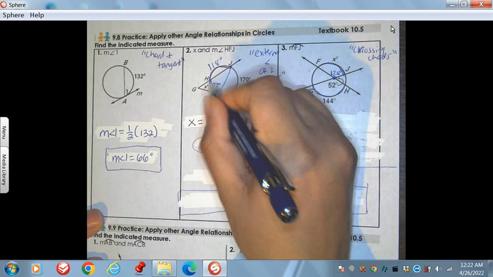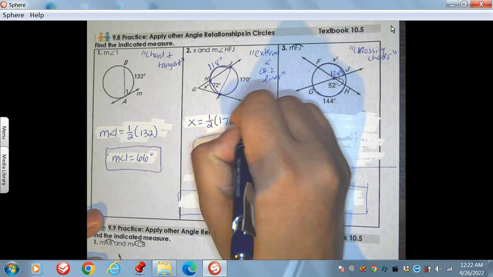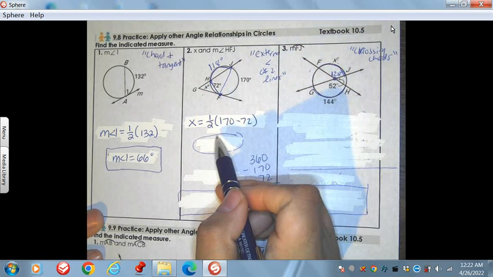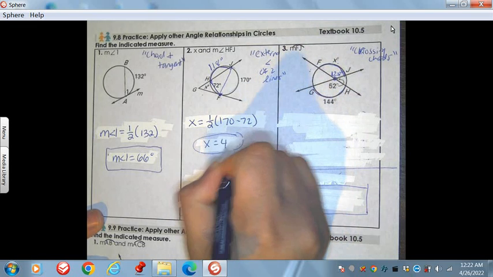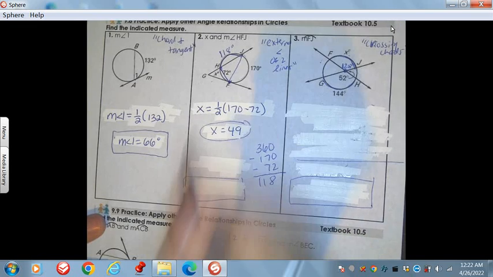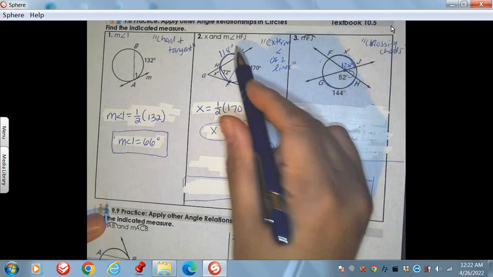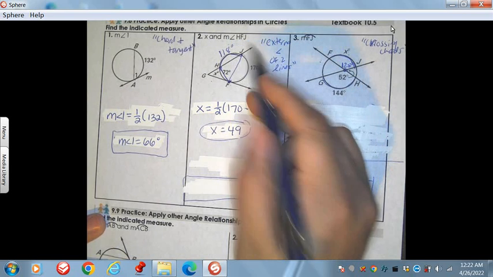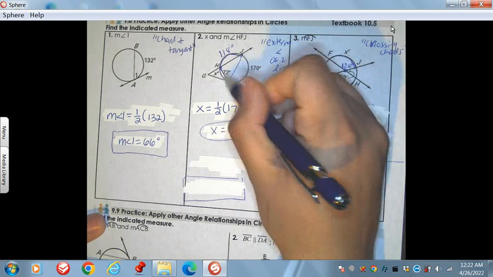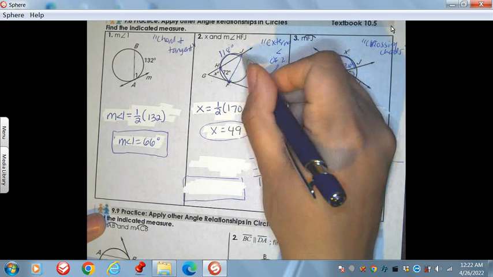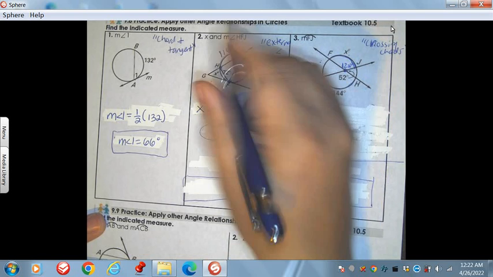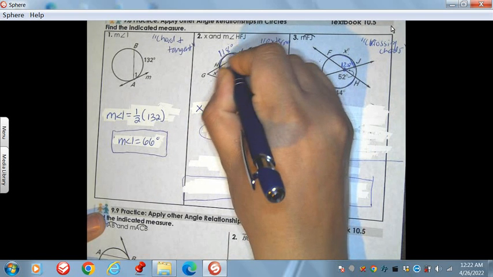Then we have to figure out the measure of HFJ. So I did have to draw in that angle, HFJ. And when you draw that in, hopefully you see that the arc that creates that angle is arc HJ. And so that says 118 degrees right there. The reason that's 118 degrees is because I have to take 360, subtract the 170 I already know, subtract the 72 I already know, and that's where I get 118 left over.